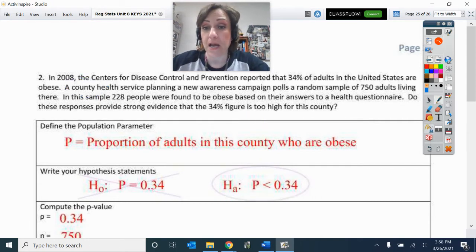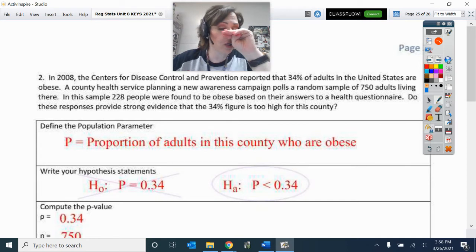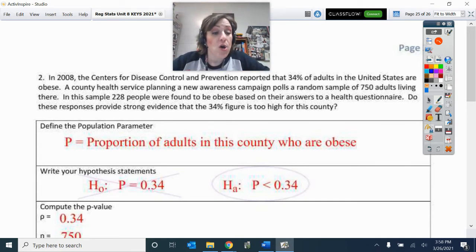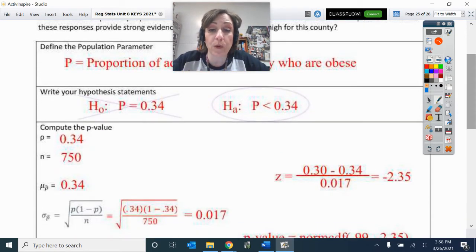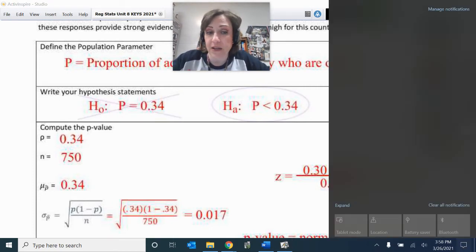All right, so p equals the proportion of adults in this county who are obese. We start off with the null hypothesis being the same as the nation of 34%, and we wonder if it's actually less. So we get our p-value.